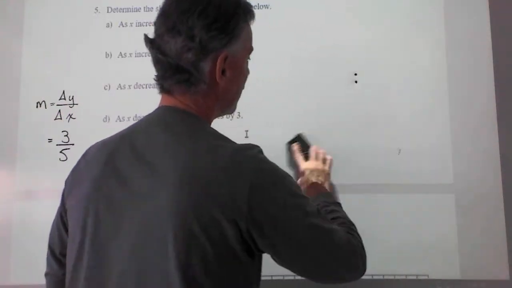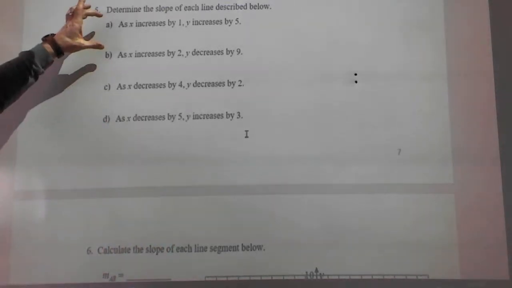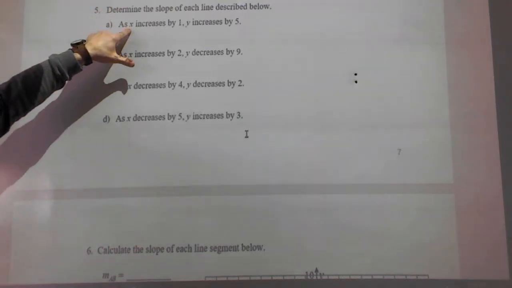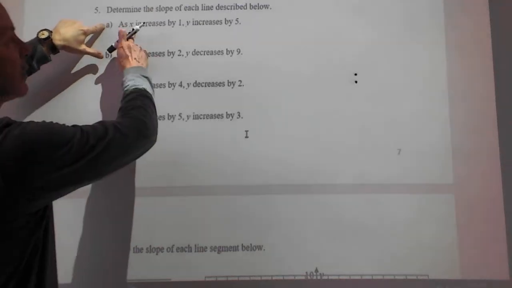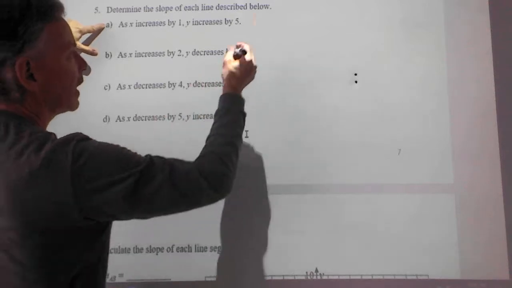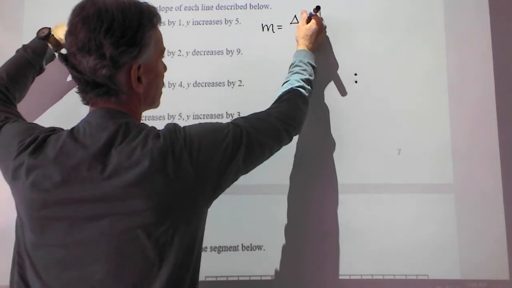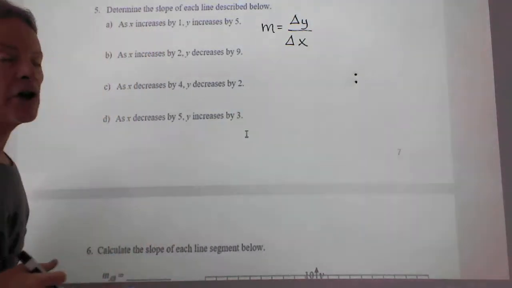So you're not always going to have a graph to look at, okay? Sometimes you're just going to be given numbers. For instance, this one says, determine the slope just given this information. Well, it says x increases by 1, y increases by 5. So remember, our slope is simply the change in y divided by the change in x.